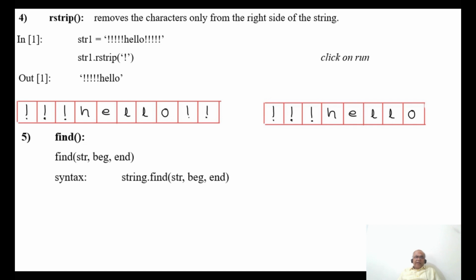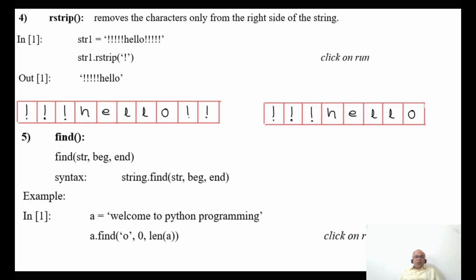So I want to find a character, how many times it is repeating, or whether it is available or not. Find, with str, beginning and end. So if you have find here, A, welcome to Python programming. A is the variable name, and welcome to Python programming is the string.